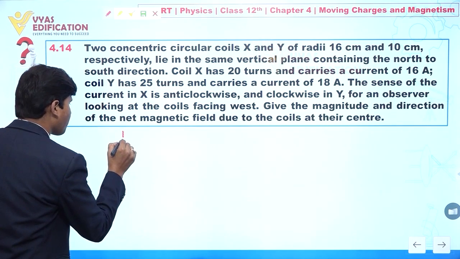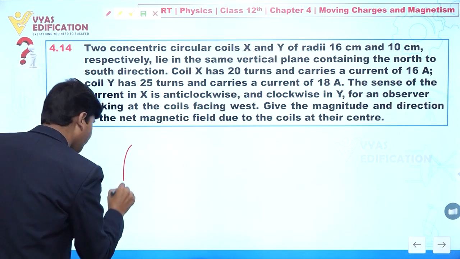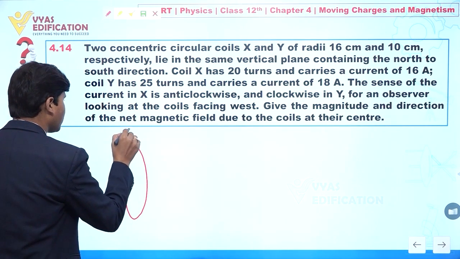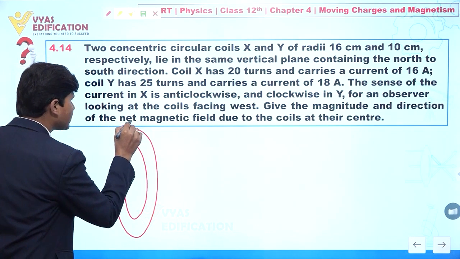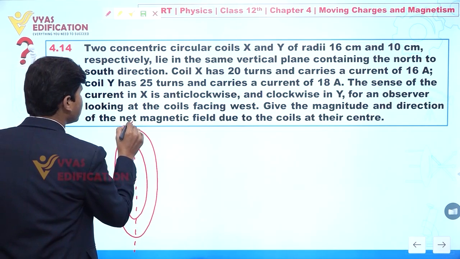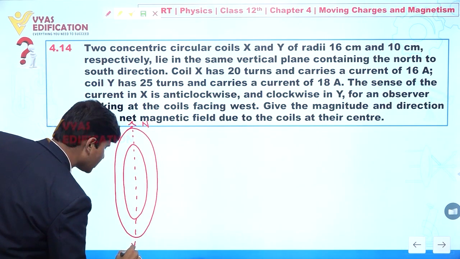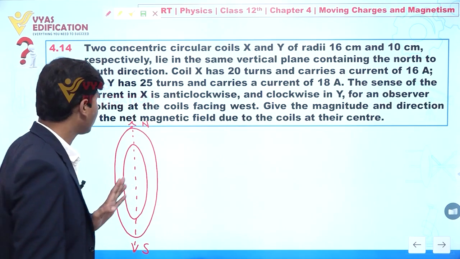Clear? So first I am drawing here concentric coils. So let's suppose this is coil number 1 and let's suppose this is another coil. Clear? Here we have two coils, this one is in north direction, this one is south direction. Clear? So this is north south direction, this is given to you.